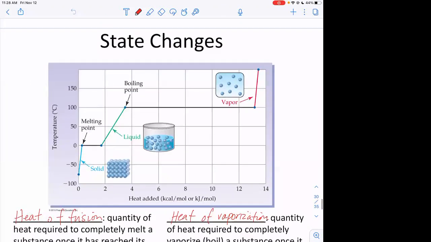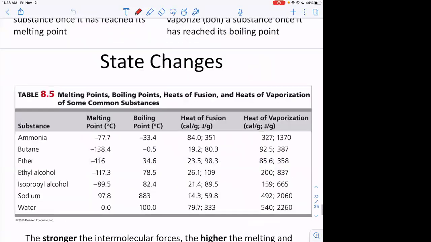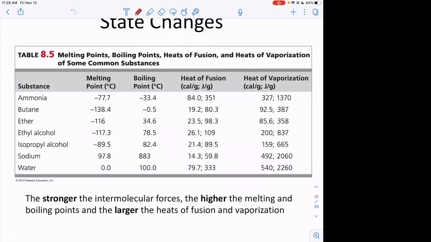And then we looked at the table on the next slide and I asked this question at the very end of lecture when we finished chapter 8. So some of you may have been checked out, but this is where this question came from. And if you'll read down here, it says the stronger the intermolecular forces, the higher the melting and boiling points, which means the larger the heat of vaporization and fusion. So it all has to do with intermolecular forces.